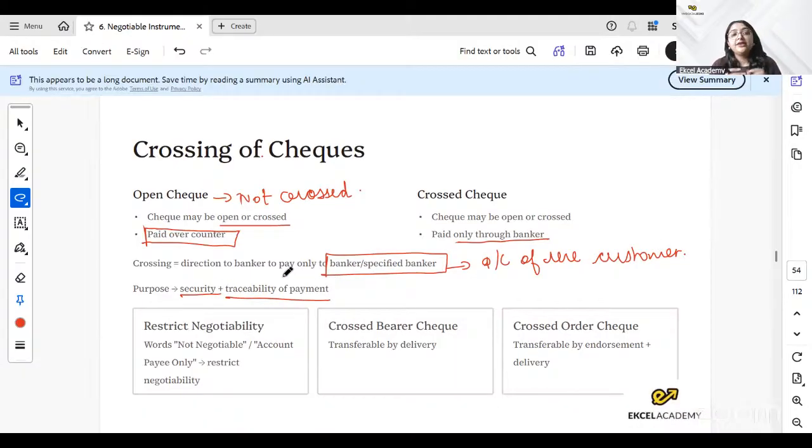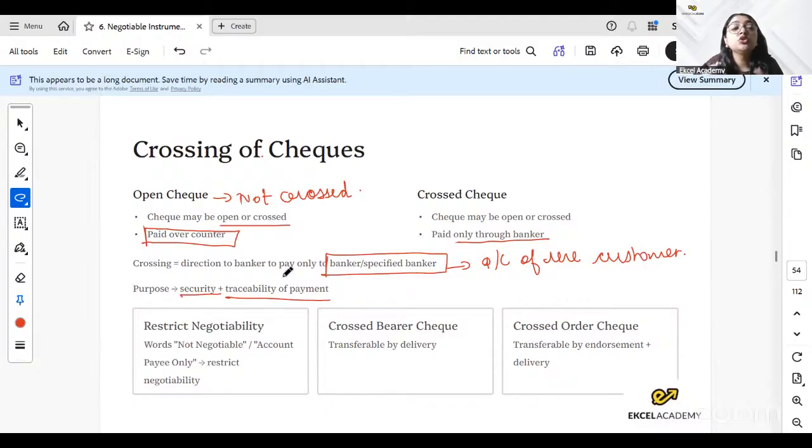Let's say, for example, B is the payee and B goes and presents the check for payment over the counter. It is an open check. The bank is going to hand out physical cash to B. Now, this may not be recorded, because physical cash can be handed over to anyone. Let's say B authorized C to collect the payment on B's behalf, then the bank will pay it to C. But is there traceability in this case?